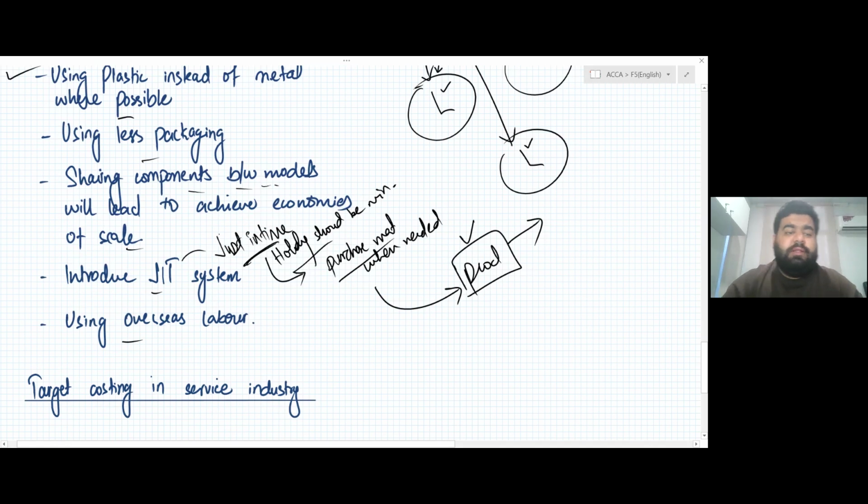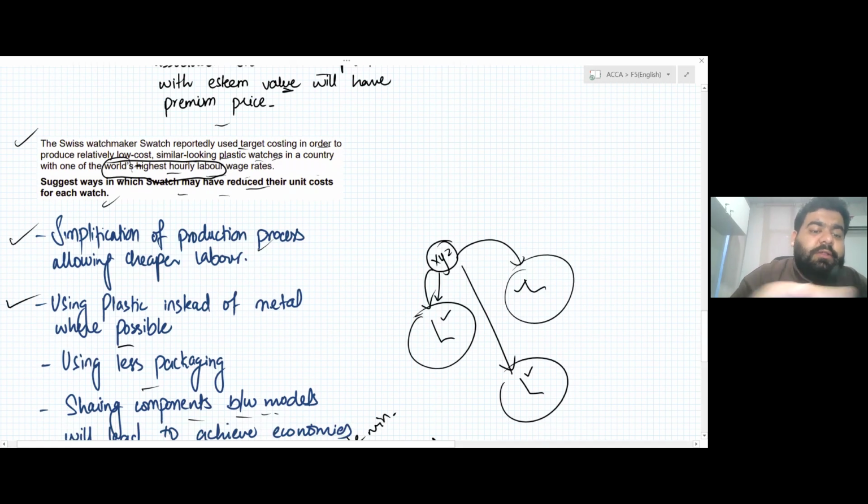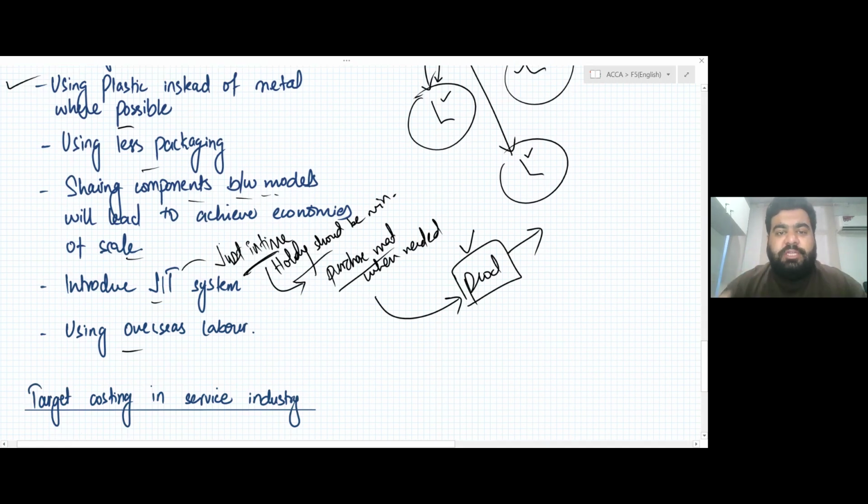In the case he's saying that it's the world's highest hourly labor wage rates, basically the country where the labor wage rate is very much higher. So where overseas labor is possible, use that. Obviously, people go to countries where they can earn more. For that country, they are paying in dollars just $200, $300, or $1,000 per month.